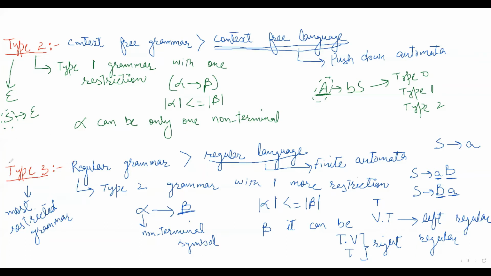So before concluding this, there are some more points about the type 3 grammar. So let me write it here. In type 3 grammar, as I said, the production rules are of this type, where alpha is a non-terminal and beta can be this or this. If it is this kind, then it is called left regular.